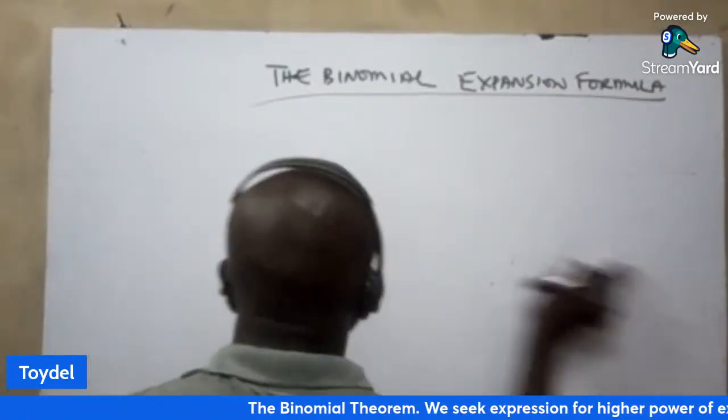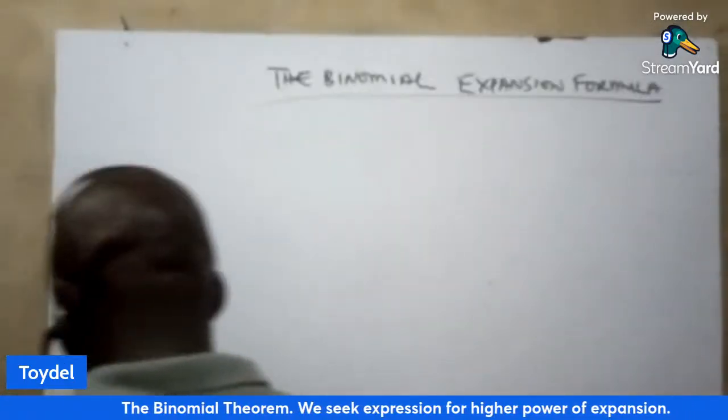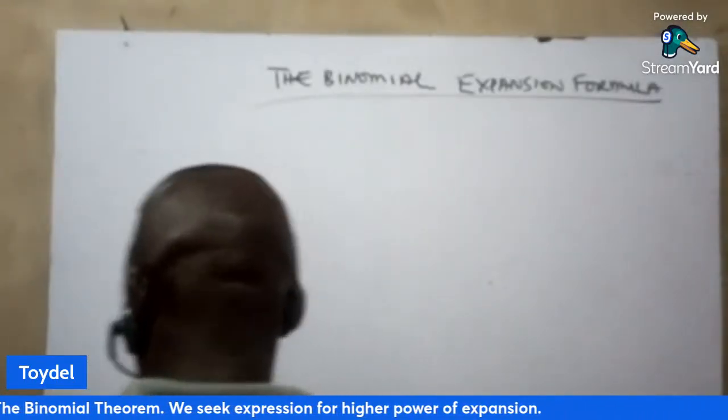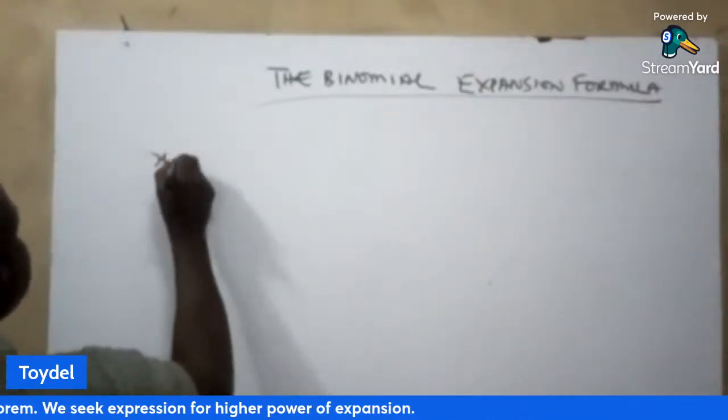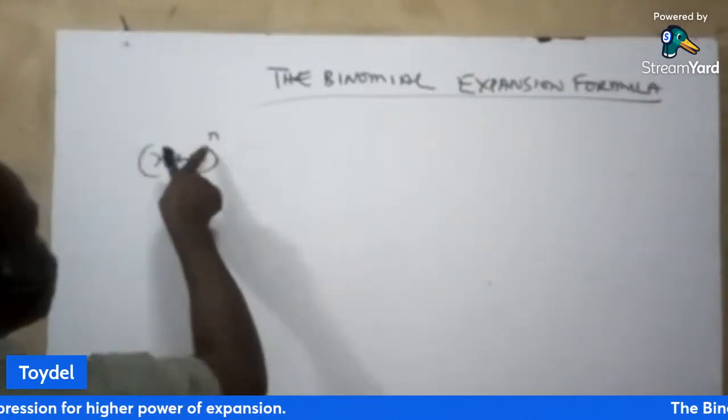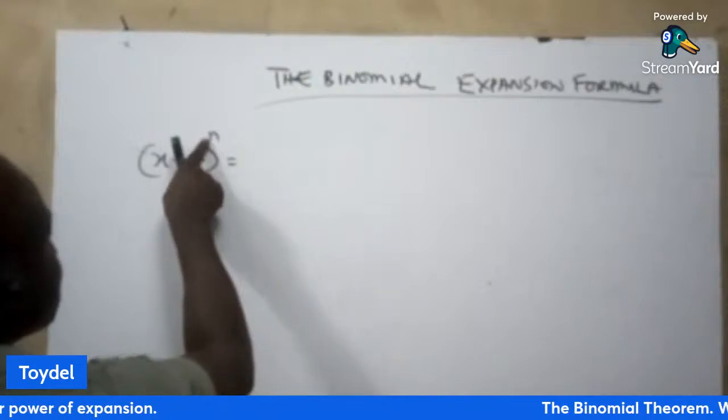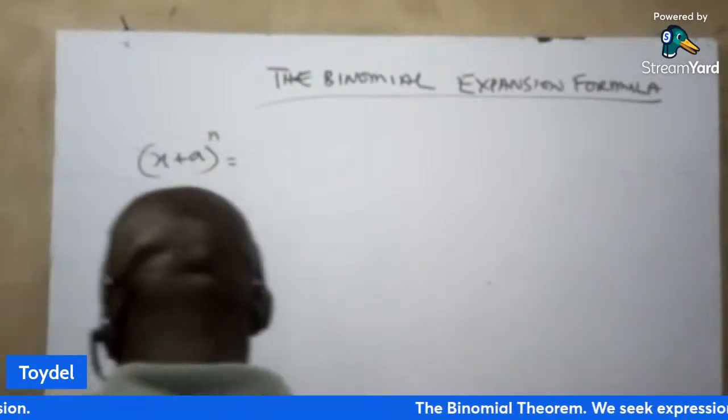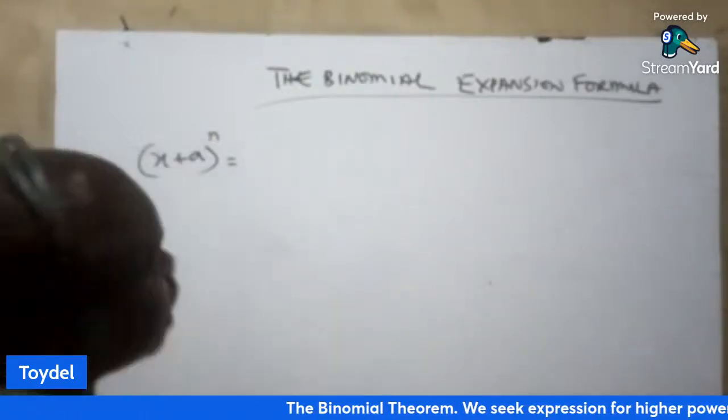We don't need to generate any triangle before we'll be able to expand this. In this case, this is what we have. If you have x plus a raised to power n, n could be any value. It could be positive, it could even be negative, it can even be fractional.